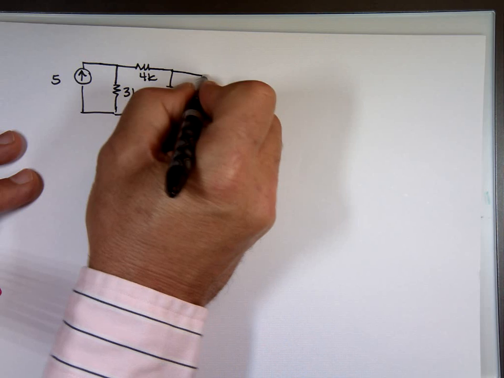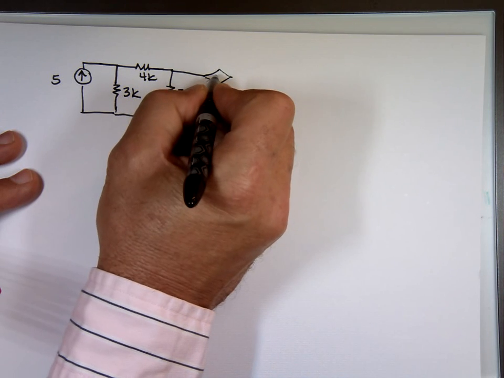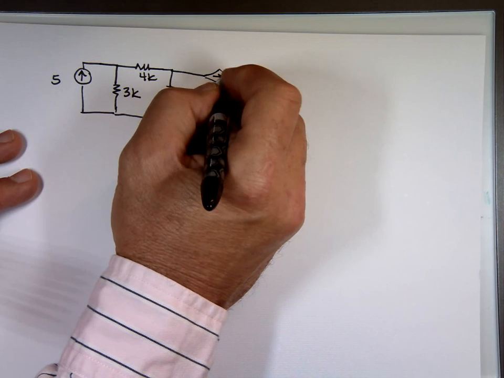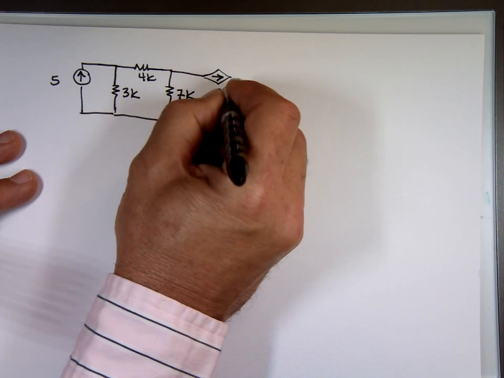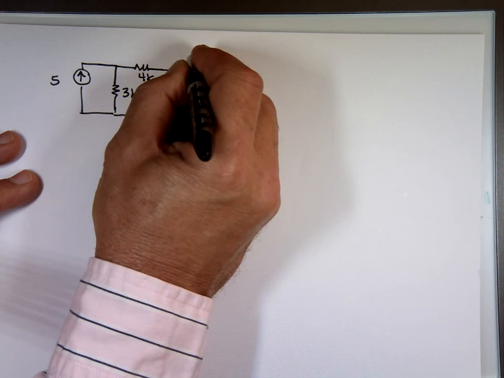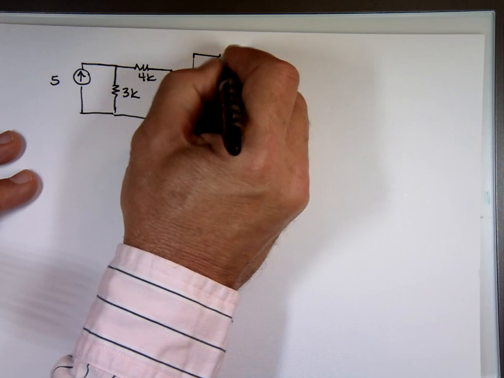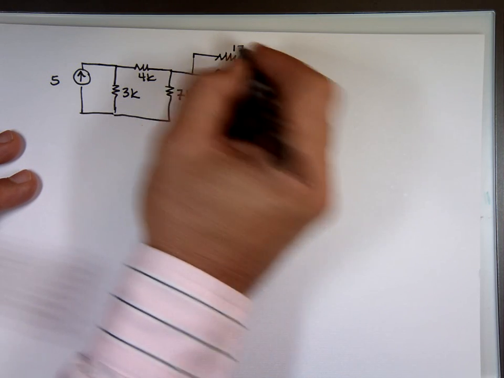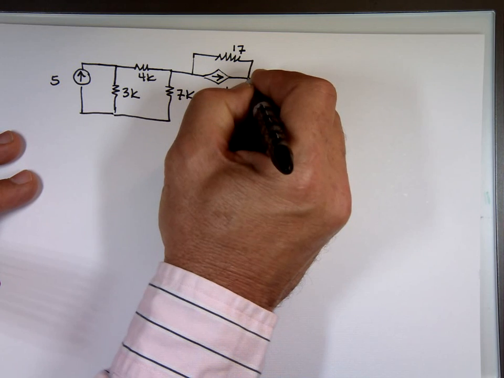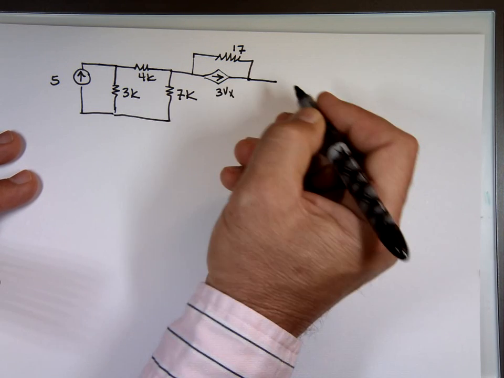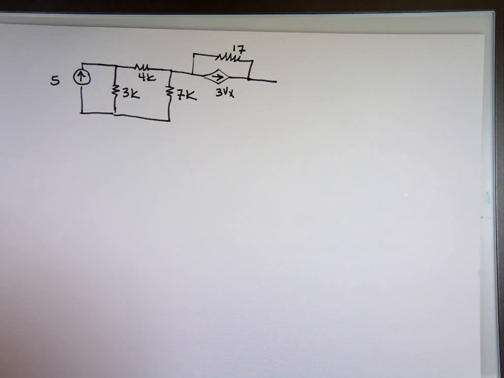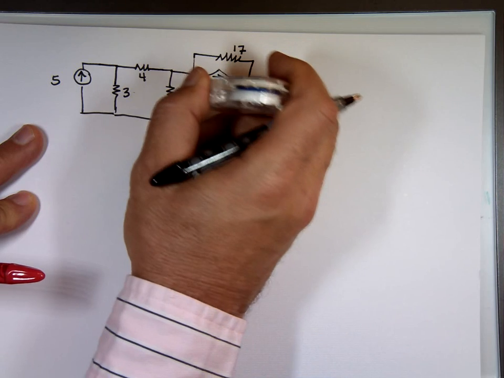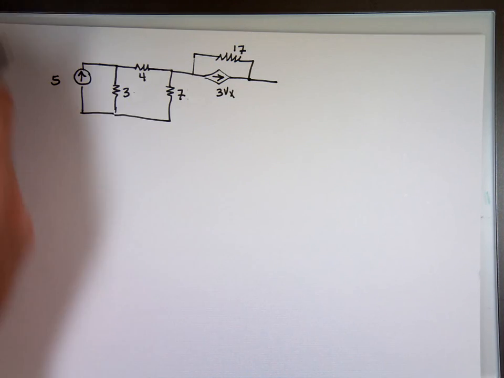There is a dependent source here, a dependent current source, the value 3Vx, in parallel with that, 17, not K, just 17 ohm. Oh, there are no Ks here. They're all ohms, no Ks. I'm just taking the problem out of the book here. Really doesn't matter, but that's 7.